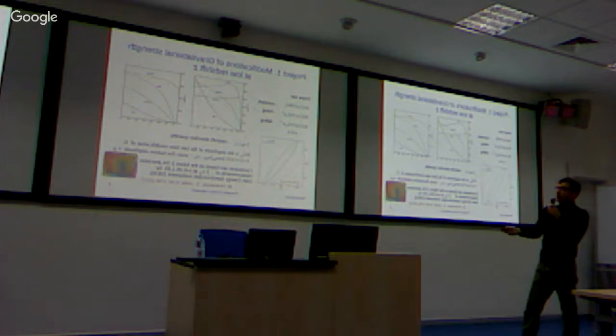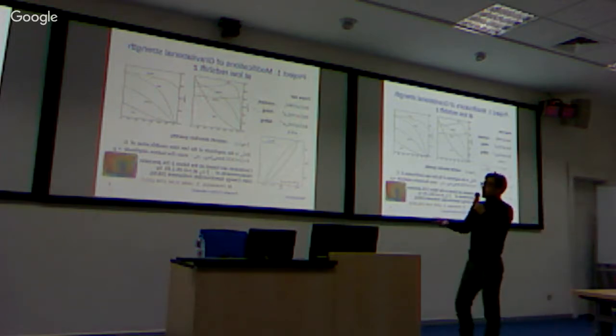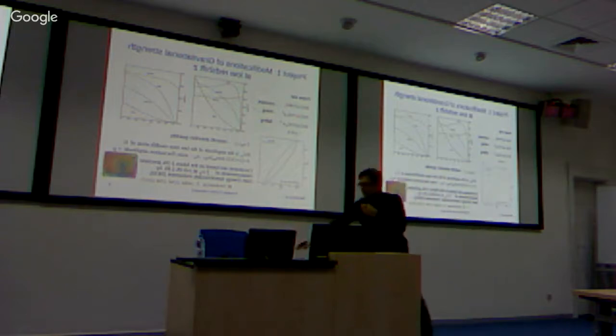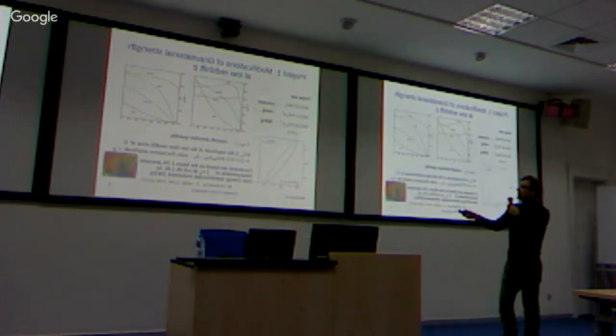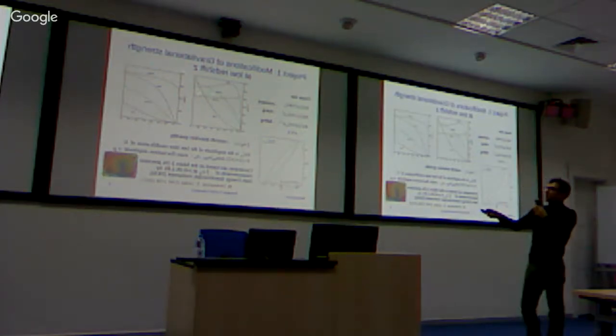Even if you use the same area under the modification curve, you end up with different kinds of offsets.